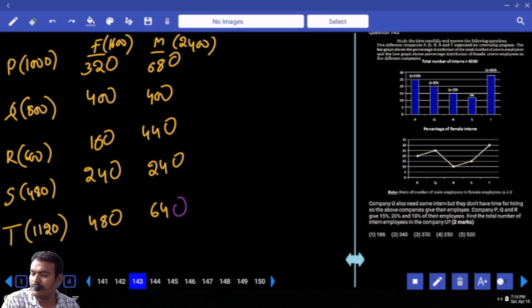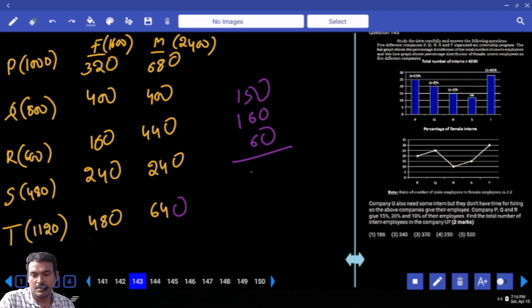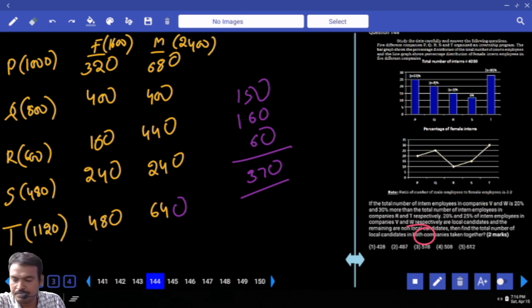In that how much? 15%, means 150. Company Q, 20%. Out of 800, 20% means 160. Company R 10%, 60. Total it is 370. Remaining 2 questions.